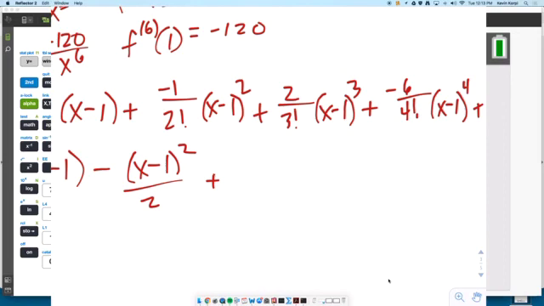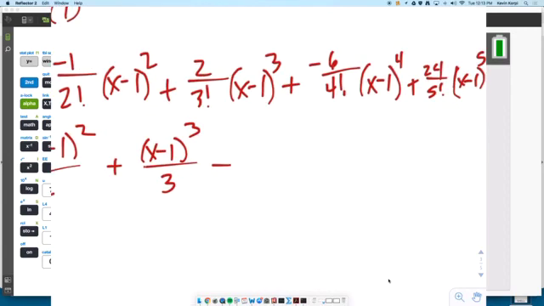And the 2's divide out, so we're just left with 3. So it's x minus 1 cubed over 3 minus, well, what's 6 divided by 4 factorial? That's 4 times 3 times 2, which is 4 times 6. The 6's divide out. So we're just left with x minus 1 to the fourth over 4.